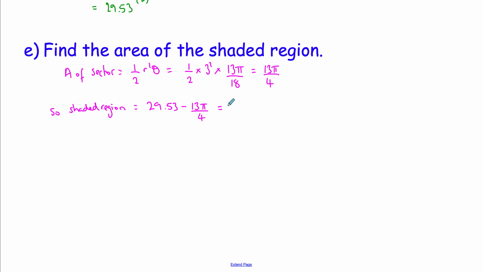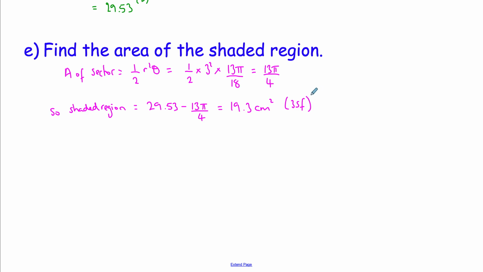I stored that 29.53 in my calculator, that was memory D, so I can just press Shift and D, Alpha and D, minus the 13 pi over 4. And that's giving me an answer of 19.3. That's an area, so centimetres squared, and I have rounded that to 3 significant figures.